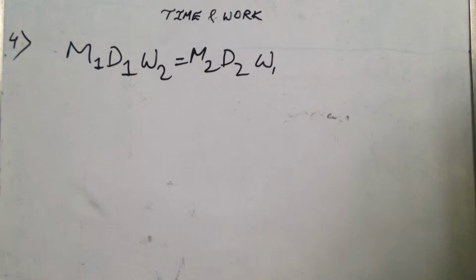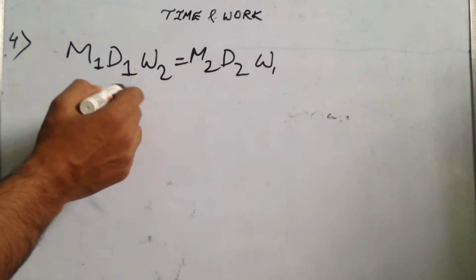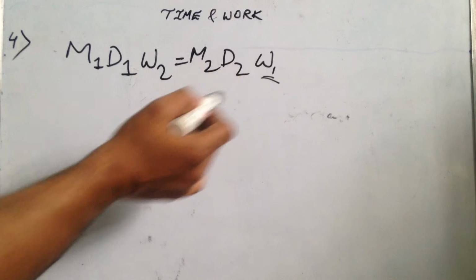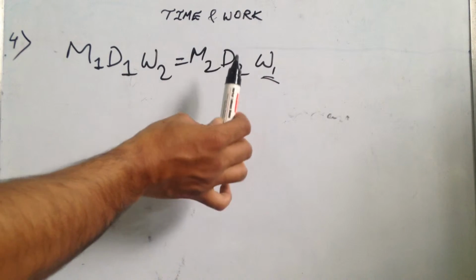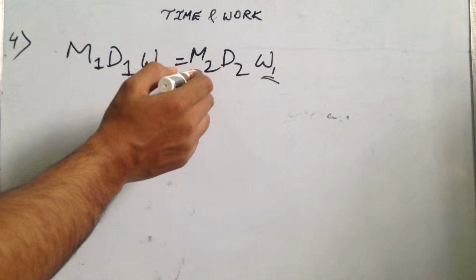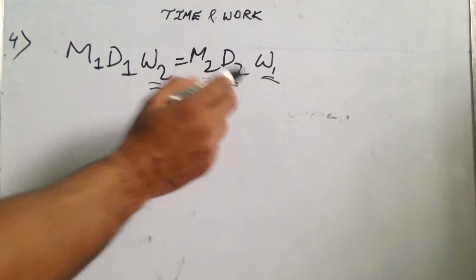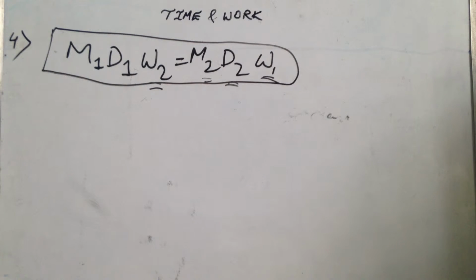So basically what does this formula say? If a person is working for some number of days and finishes some work, how many men will be required to finish the work in this many days? So basically this formula is used on that type of question. So it is very useful. Just remember this one. I'll show how to use this formula later.